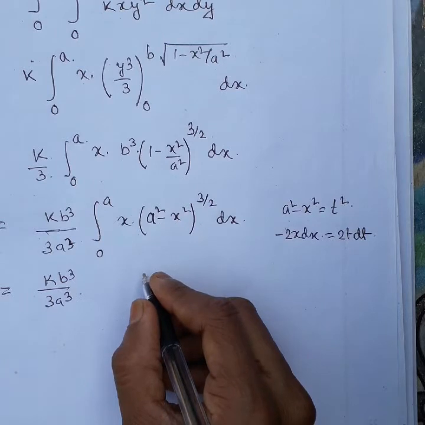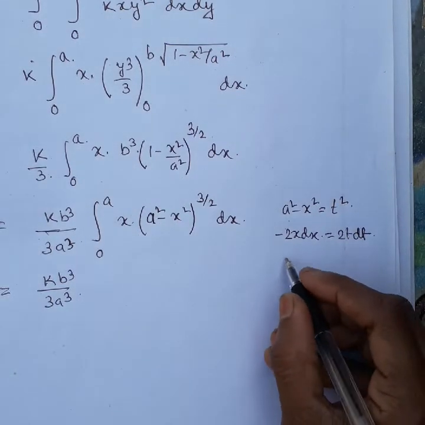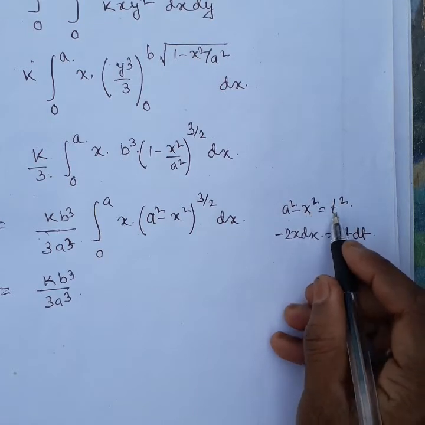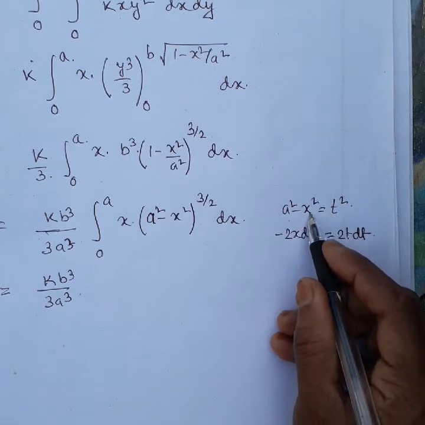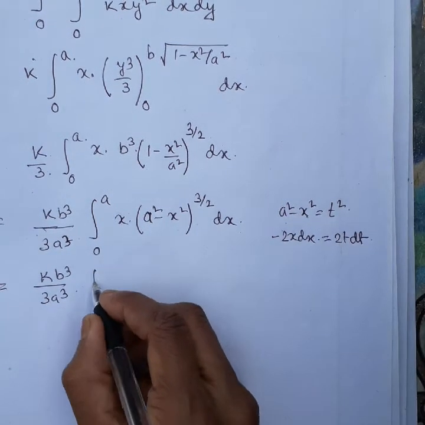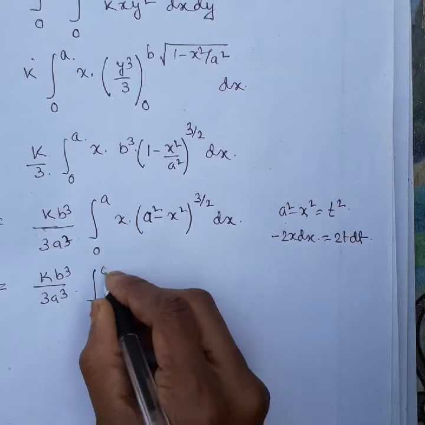And the limit of x will be changed here. When you put here x equals to a, this will change to 0, and if we put here x equal to 0, this will be a, sorry, this is a to 0.